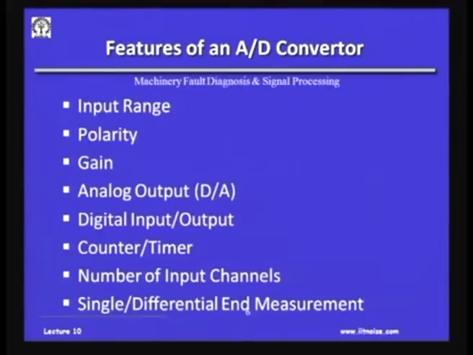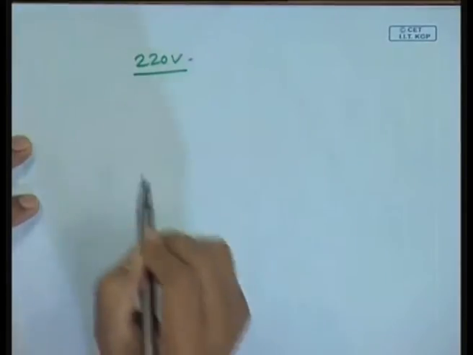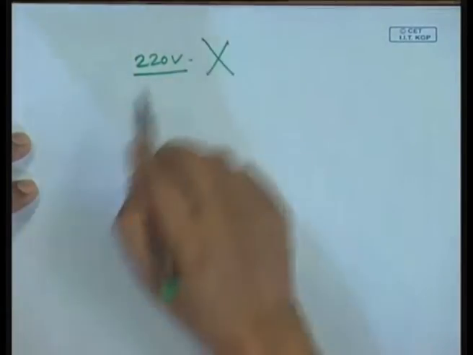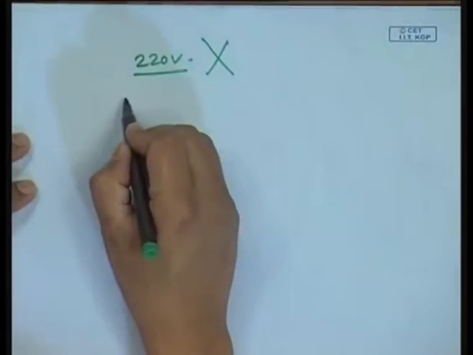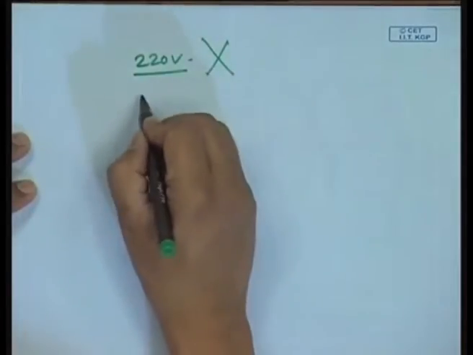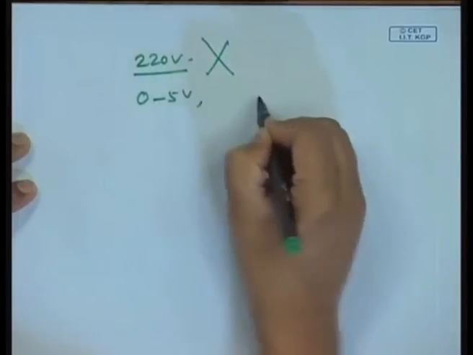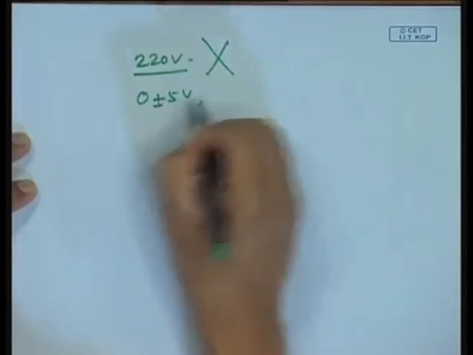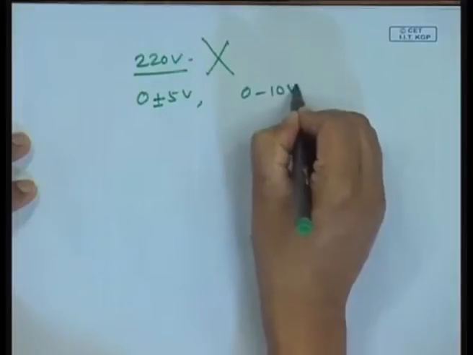First is the input range. Usually in these A to D converters, because the data has to finally go to the computers, we obviously cannot have a 220 volt input to the A to D card. So, the maximum is about, from the TTL logic circuits, 0 to 5 volt, or if it is plus minus 5 volt, maybe 0 to 10 volts.